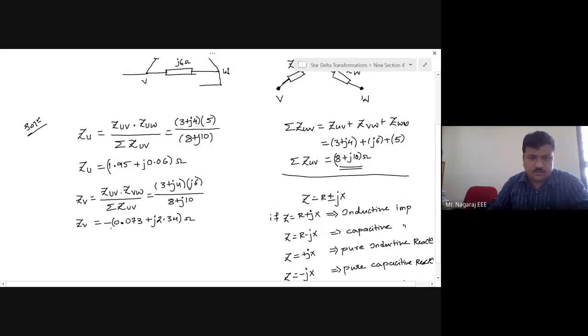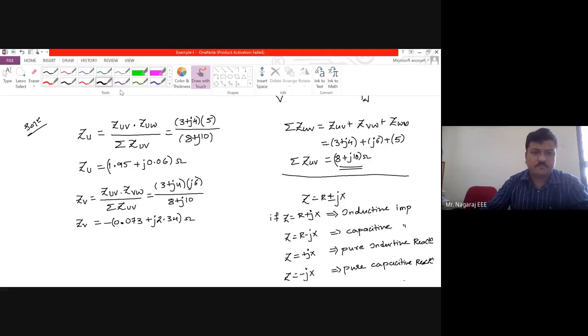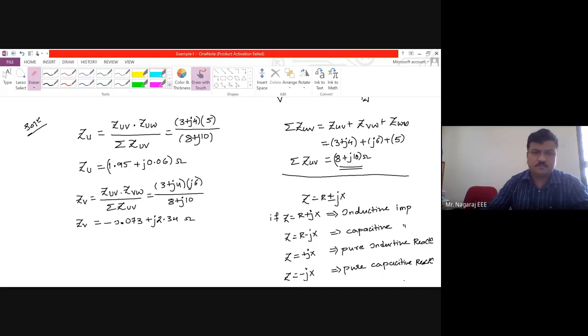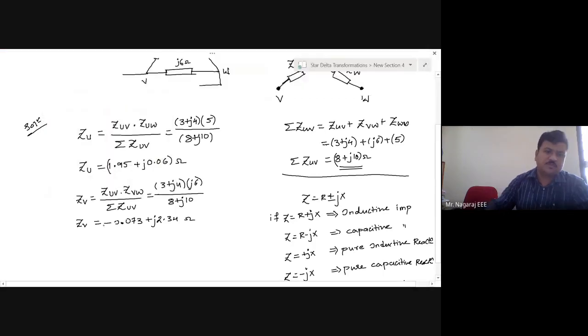The bracket will not come here. See, the real term usually will not be negative in complex numbers. The negative sign in the real term, minus 0.073, when compared to 2.34, is very, very small, near to 0.